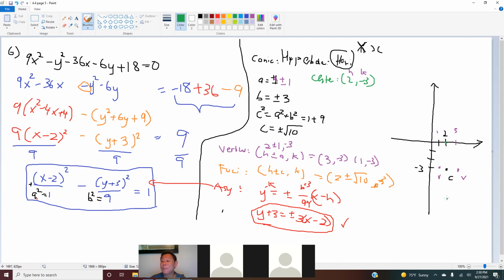If you think about an ellipse, this one looks like an ellipse. But for a hyperbola, we don't draw an ellipse, we draw the box. So your box will look something like this. It will go all the way down to here. This is your box, bounded by your a and your b.